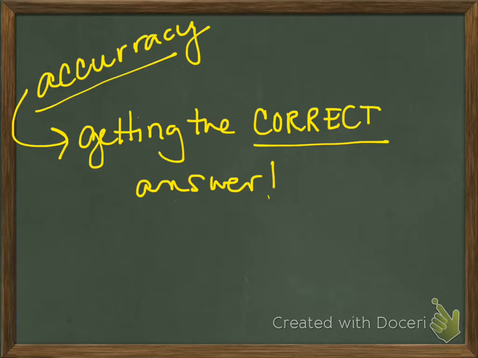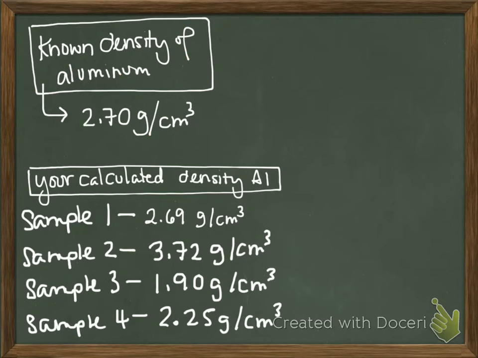Now, what if you measure the density of aluminum a couple of times? What if you measure it 4 times, with 4 different samples, and you get numbers like this? 2.69 grams per cubic centimeter. Darn, that's really good. 3.72 grams per cubic centimeter. 1.90 grams per cubic centimeter.